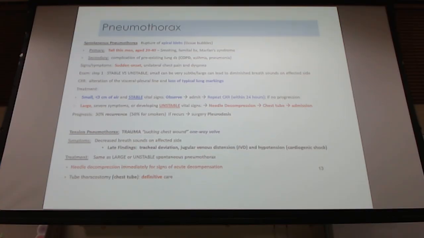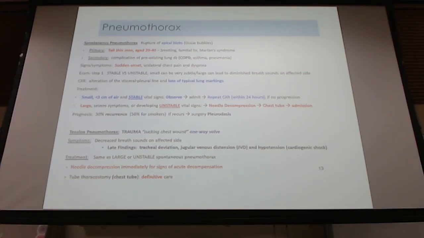If it's large, then you need to make other considerations. Are they unstable? Certainly, the first step will be needle decompression. So if I give you a patient who had trauma, who has a puncture in their chest, who's severely tachypneic, severely hypoxic, tachycardic, with altered mental status and tracheal deviation, all those things are saying that person is sucking air into the side of the chest that got traumatized, and now that lung won't inflate, so they're operating off of one lung.